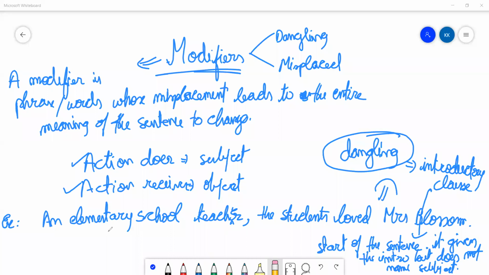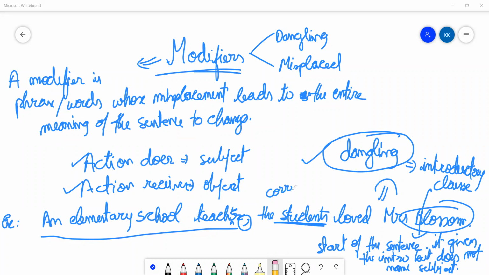So, an elementary school teacher, who is the elementary school teacher here? Mrs. Blossom, right? But after the comma, what did we do? We placed students. To identify a dangling modifier, after the introductory clause there is a comma, and after the comma you need to have the correct subject.